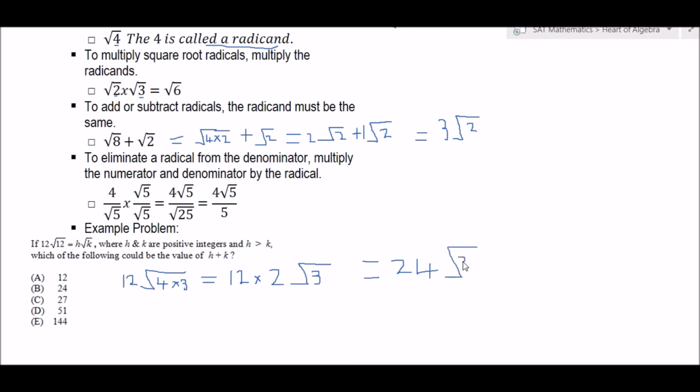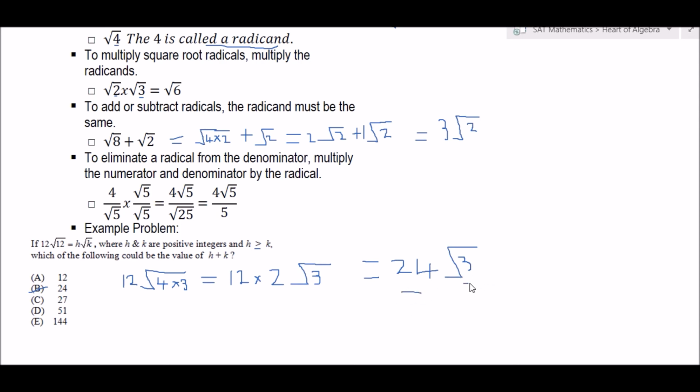So here it says where h and k are positive integers and h is greater than k, and that is why I didn't add 12 and 12 together. This is not the correct answer because we know that h is greater than k. So you might be tricked into going with 24, but just know what this sign means, as h is greater than k. So here, h is greater than k.